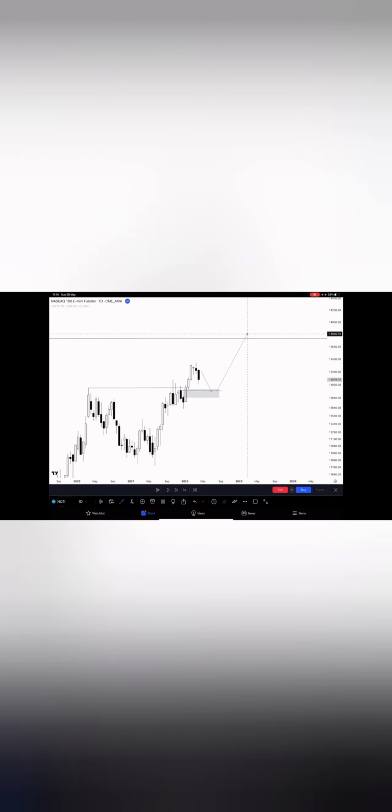Obviously, potentially a bit higher, because a liquidity purge is not going to be to the tick and then it's going to decline. No, it's going to be a bit higher. It varies according to the time frame, but that's the point.